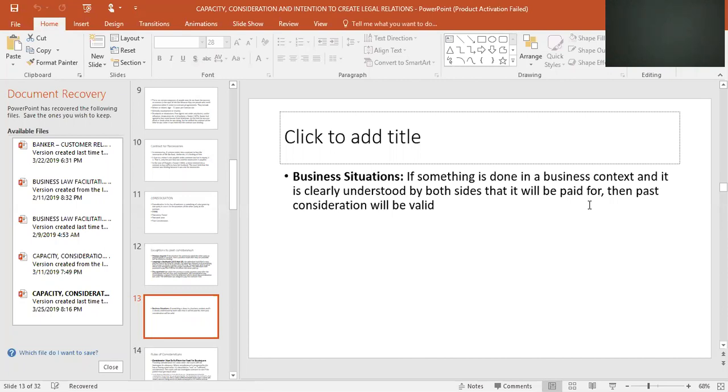That cannot be the case, because in a business situation, when you buy, you sell, you reap profit, and then you invest whatever you've made in the business. So whenever you enter into an agreement which is supposed to be for business, we see that as not a past consideration.